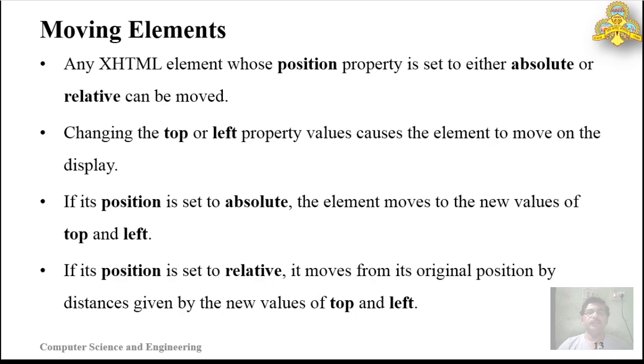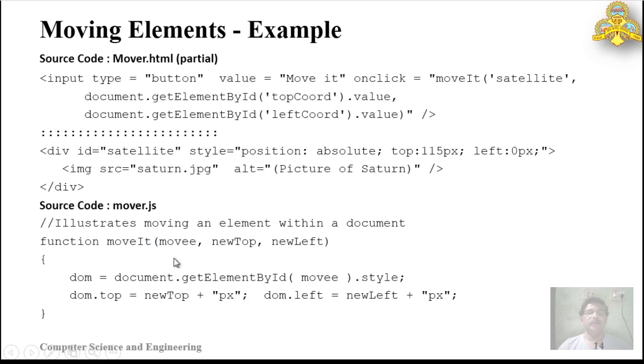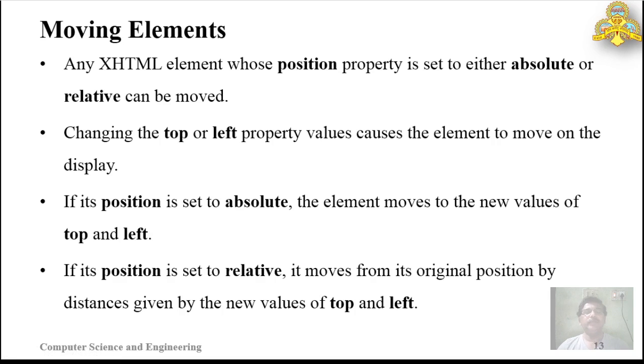If the position value is set to absolute, the element will move to the new values of top and left. That means it's always measured from the edge of the browser window. If I placed it 100 pixels from the left side and later give it 50, then it moves back toward the left side. It's always measured from the edges.